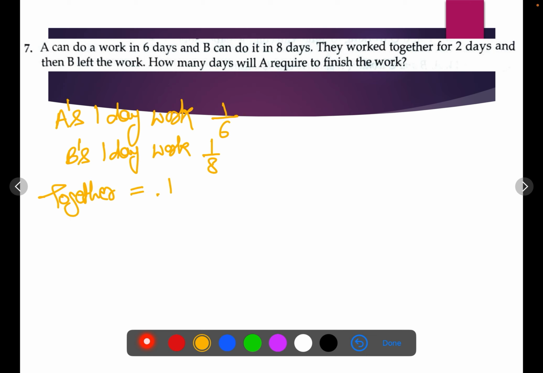So together it will be 1 upon 6 plus 1 upon 8. That gives you 6 plus 8 upon 48, 14 upon 48. I am not taking the LCM. I am just multiplying and then reducing afterwards. So 7 upon 24 work in 1 day.